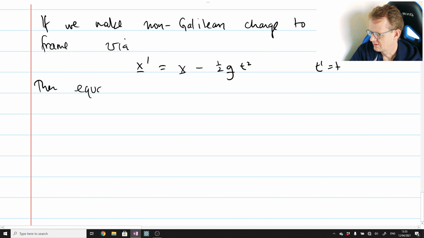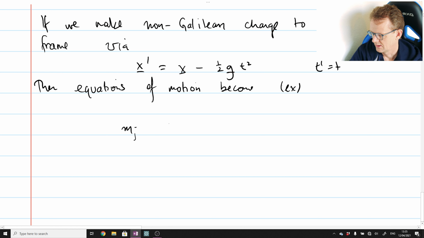Then what happens to the equations of motion according to Newton in our new accelerating frame? Well, if you do the change of variable, it's a little teeny weeny exercise. Literally substituting in for x prime and t prime already leads you to the answer.